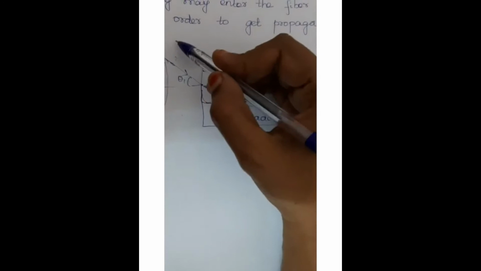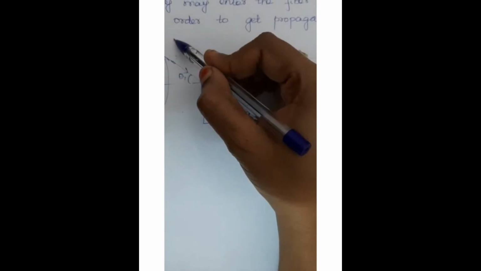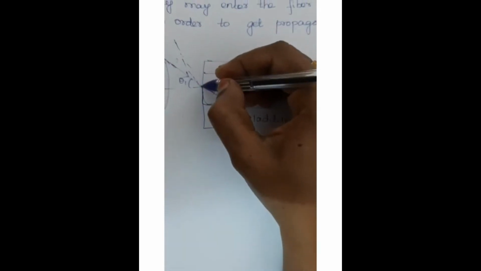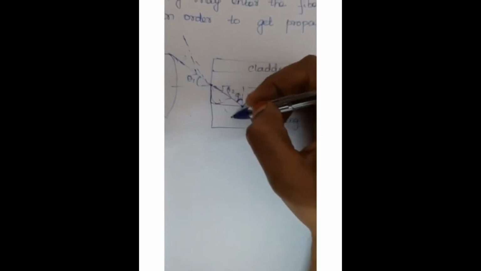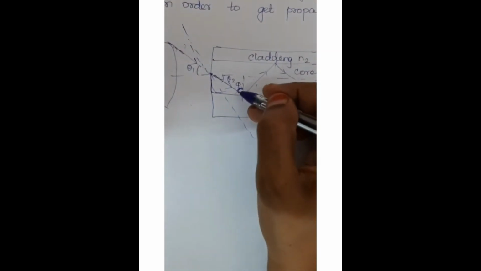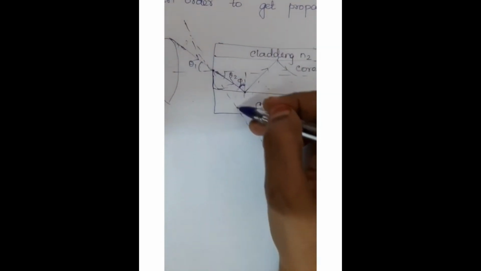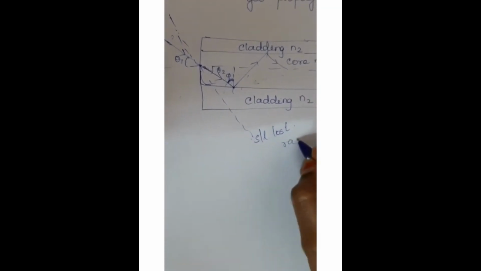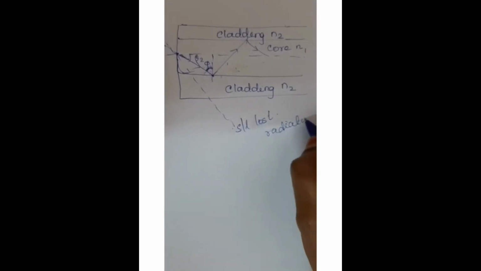So if you are decreasing the angle, definitely the signal will be lost. The signal will be lost and it is radiated outside the fiber.